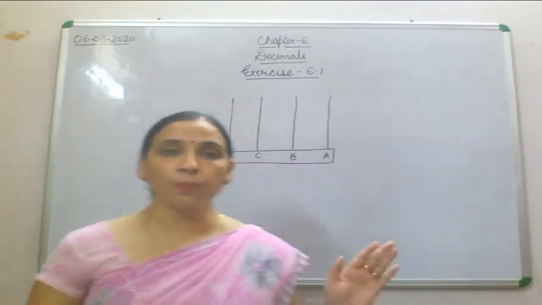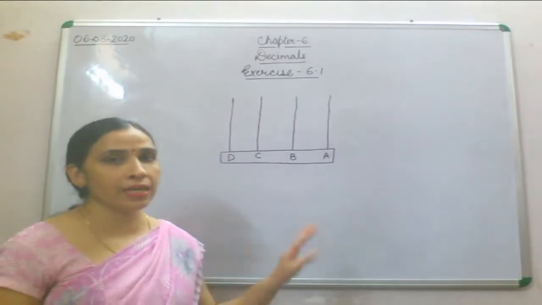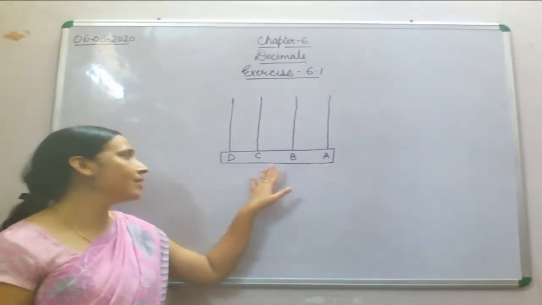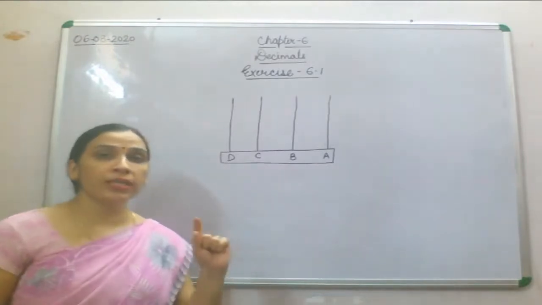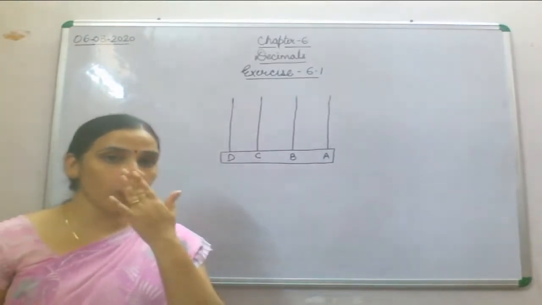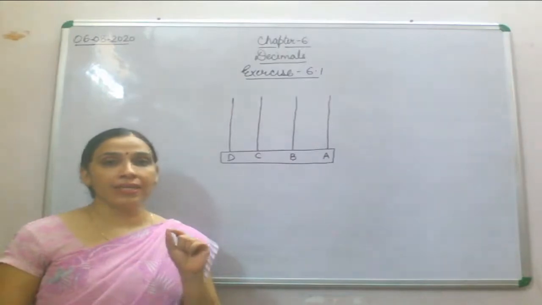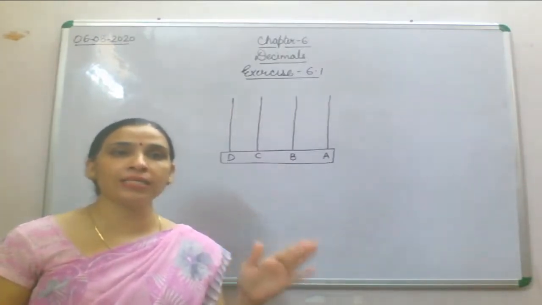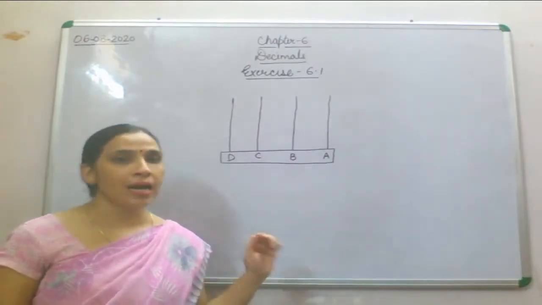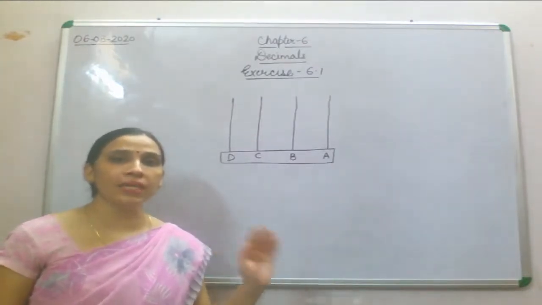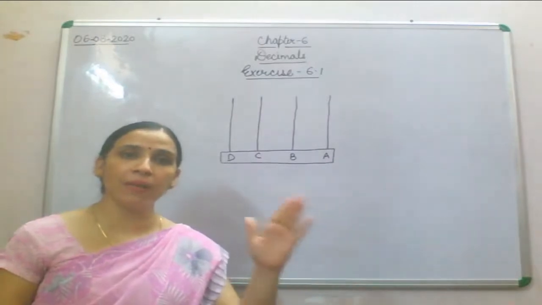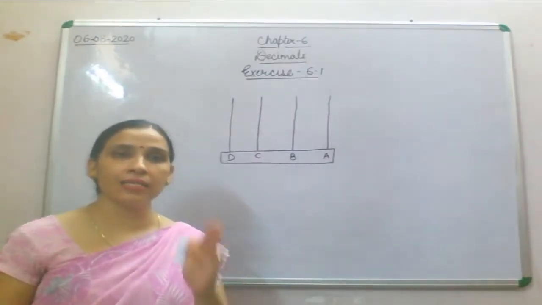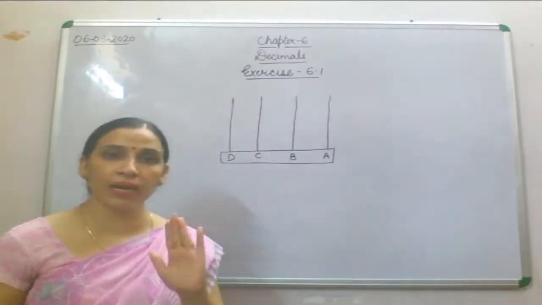Here on the board you can see an abacus that contains 4 spikes: A, B, C and D. In this I have not written the place values. Now in decimals you have the previous places, that is ones, tens, hundreds and thousands and so on. Along with that you have your decimal places also, that is tenths, hundredths and thousandths, which we have done.